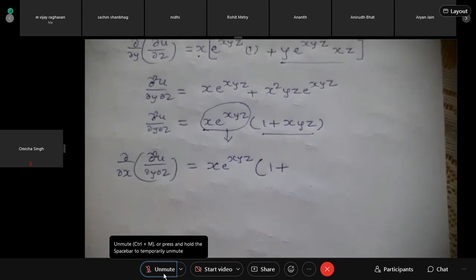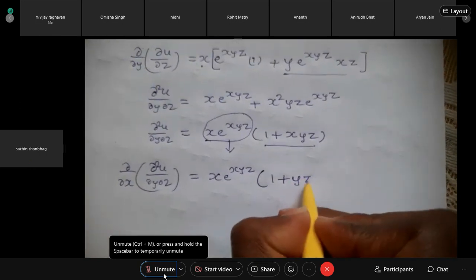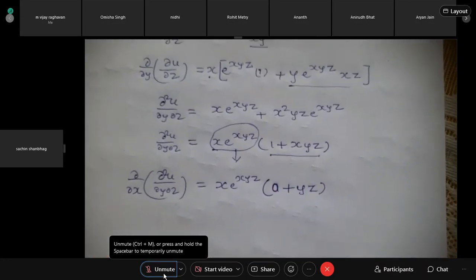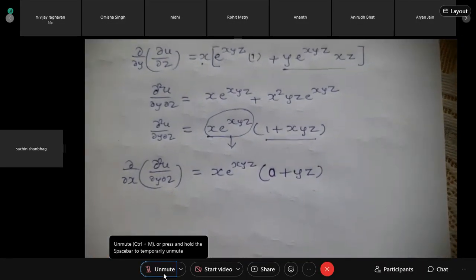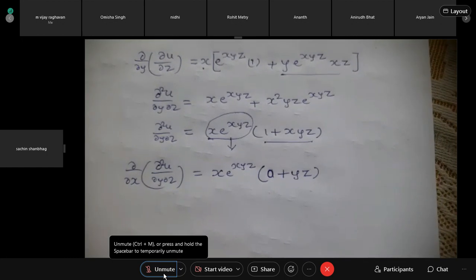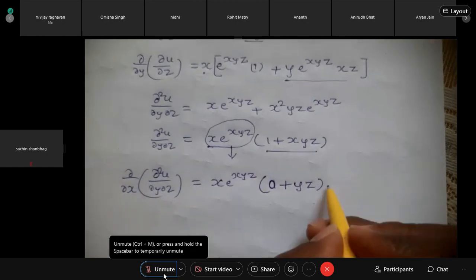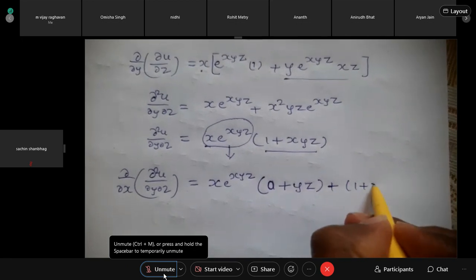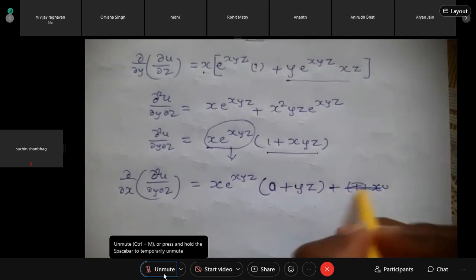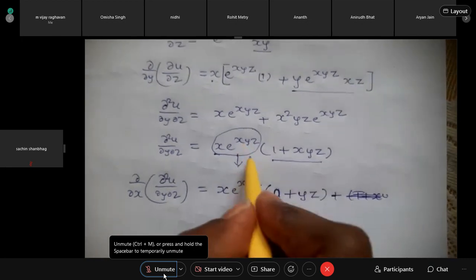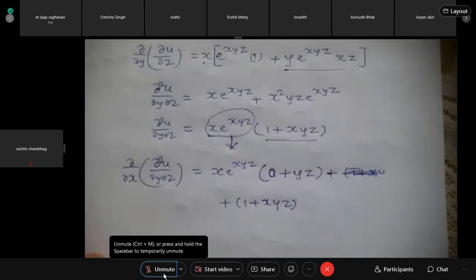0 plus yz or 1 plus yz? 0 plus yz only. Next, I will take 1 plus xyz kept as it is. How do you differentiate this first function with respect to x?